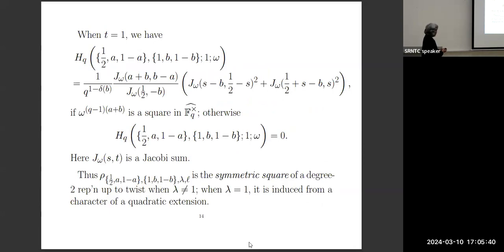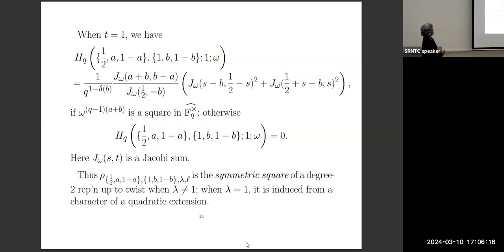Okay, when t is equal to 1, the situation is different. In this case, the representation degenerates: the length 3 datum at lambda equal to 1 will be a degree 2 Galois representation. Again, this represents the Frobenius trace. So this says that at half of the primes, you should think of this p as varying, when omega to this exponent is a square, it's a sum of two characters.